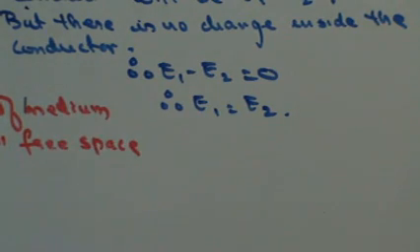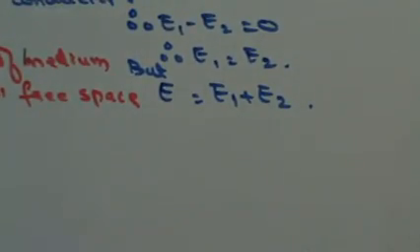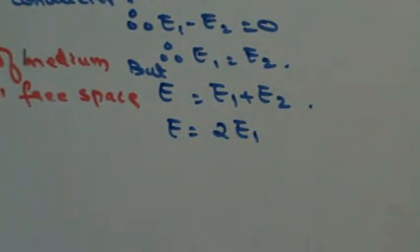If I substitute this in equation 1, guys, can you just see this? This was my equation 1. Total intensity E is nothing but E1 plus E2. Therefore, I can say E is equal to twice E1, because E1 is equal to E2, right? Now, E we have already found out.